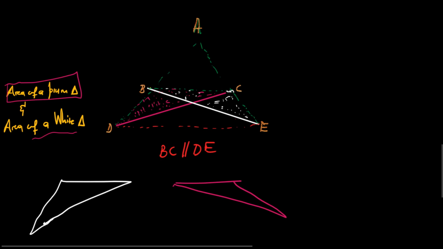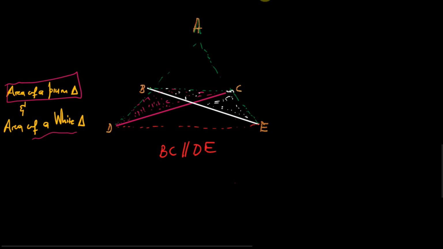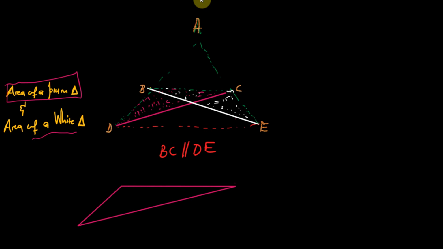Okay, so the areas for a triangle: we have a triangle looking like this, and then we have another triangle, a white triangle looking like that. To start with the first triangle, I'm going to remove this portion, and this is the triangle DBC.